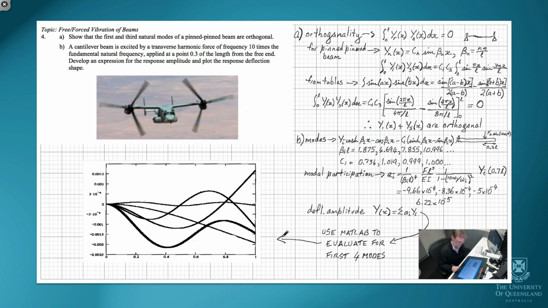And they're plotted over here. So what have we plotted here? We've plotted versus position x on the length of the beam, and we've plotted the y of x.